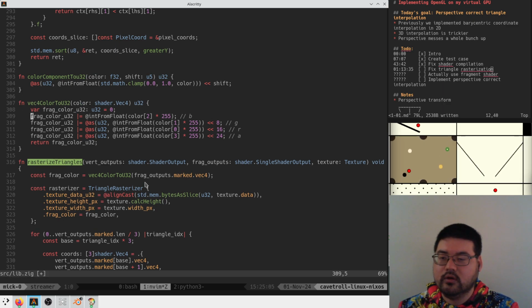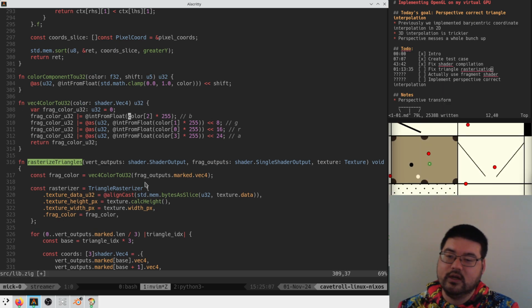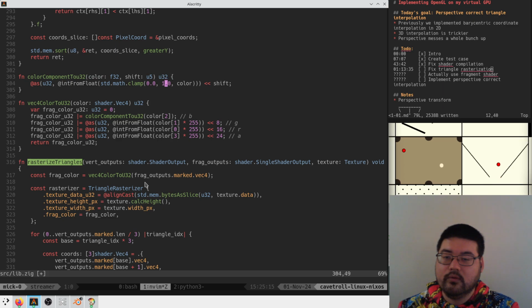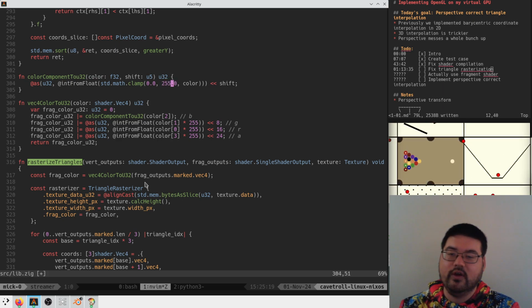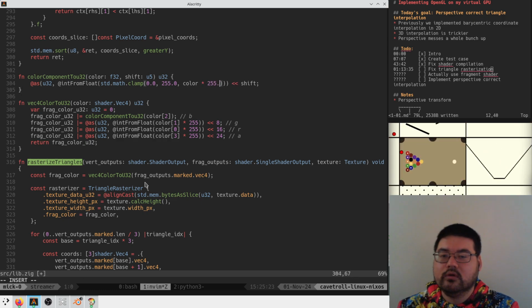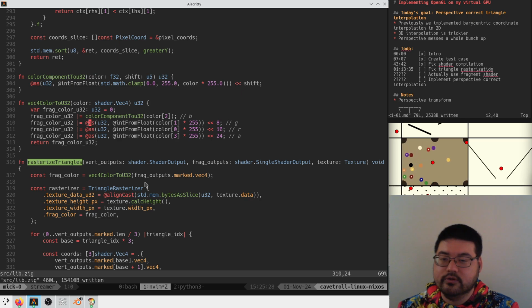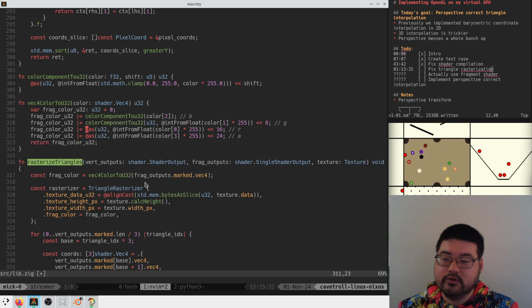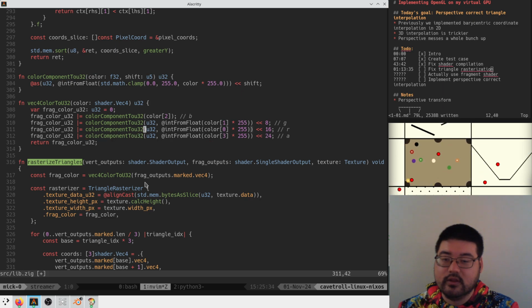Then this becomes color component to U32. I guess we want to do 255 like this. Which lets us do color component to U32 like this and like this.